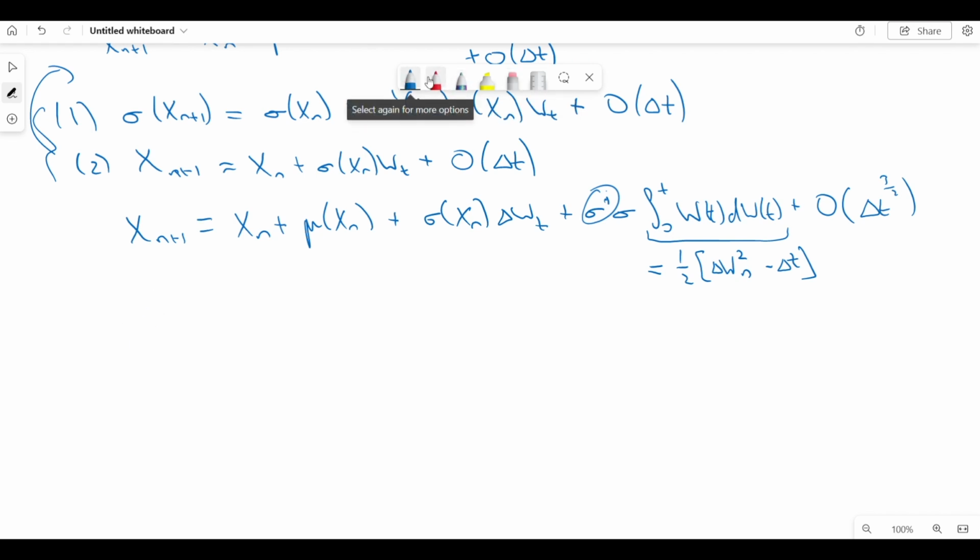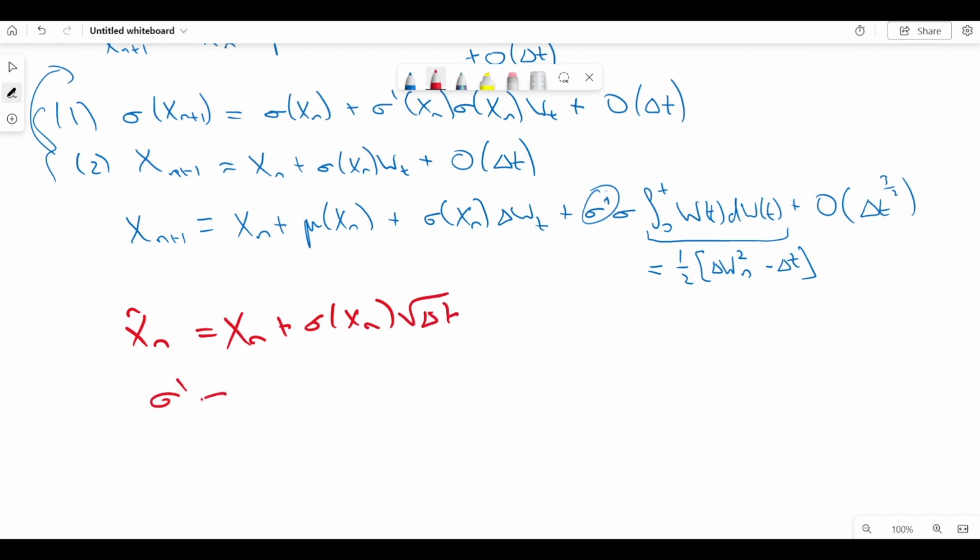So we define a new variable, xn hat, equal to xn plus sigma of xn times square root of delta t, and we can find that sigma prime times sigma becomes equal to sigma of xn hat minus sigma of xn divided by square root of delta t.